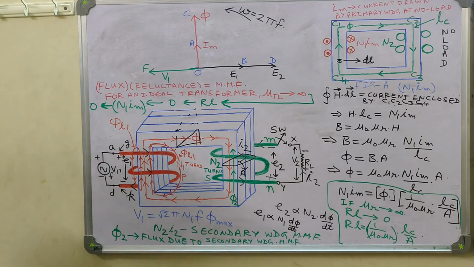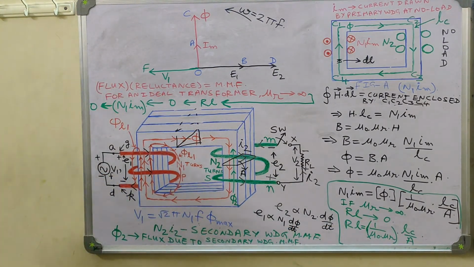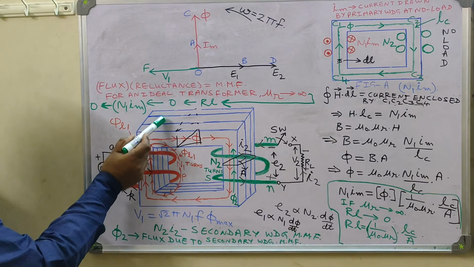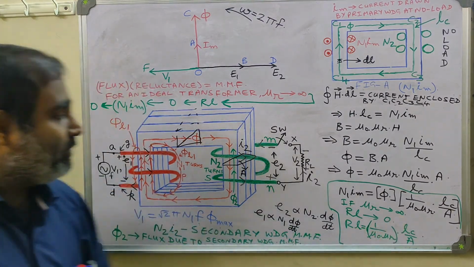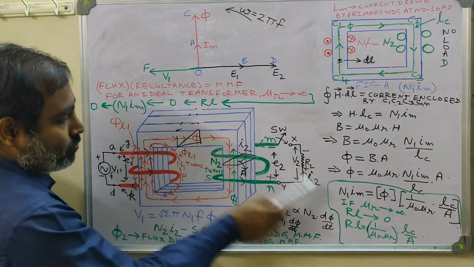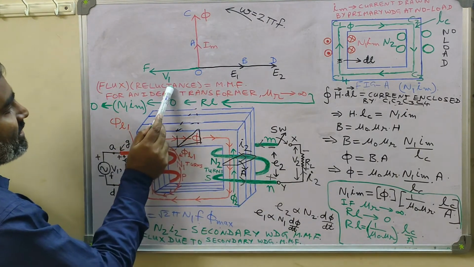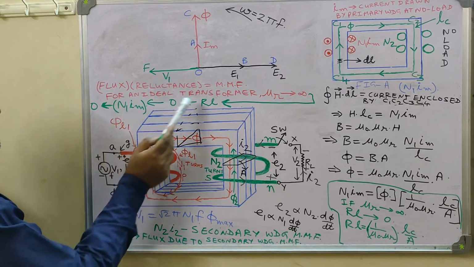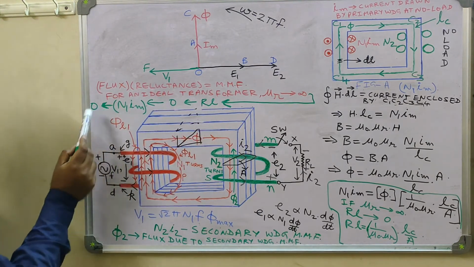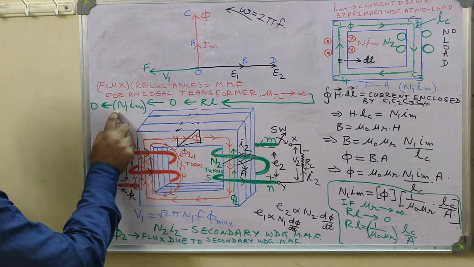For an ideal transformer, if you assume that mu r tends to infinity, that is the relative permeability of the magnetic material of the core tends to infinity, this implies that reluctance tends to 0. If reluctance tends to 0, then obviously this MMF will also tend to 0. MMF here actually means the magnetizing MMF.